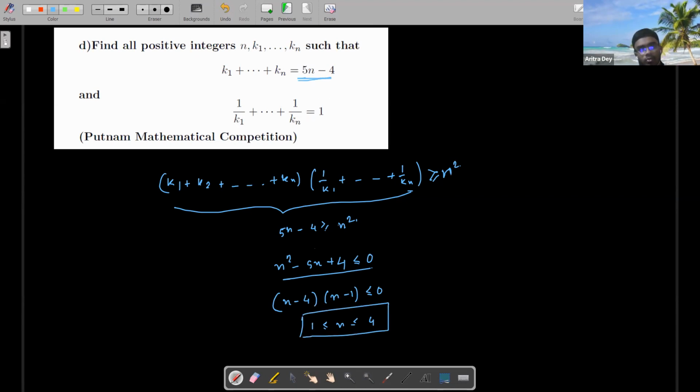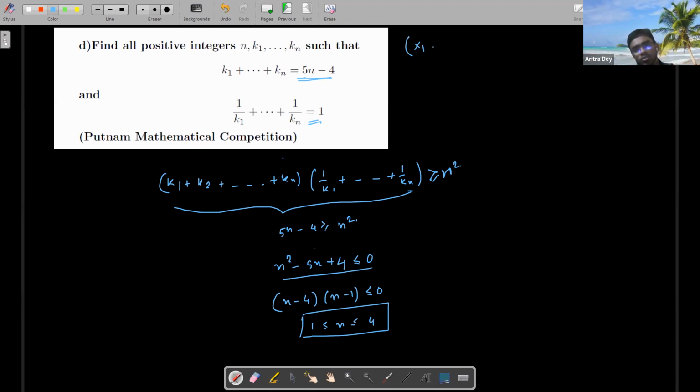You can plug in the values of n and directly come up with a solution. You need to keep in mind that both conditions must be satisfied simultaneously, followed by the AM-HM inequality or Cauchy-Schwarz inequality.